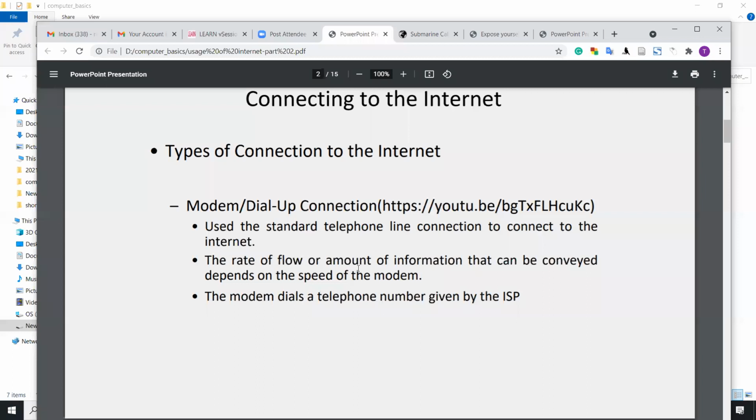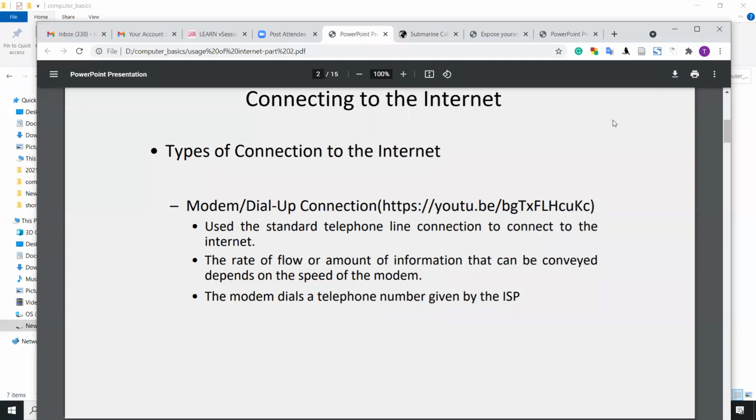The rate of flow, or amount of information that can be conveyed, depends on the speed of the modem. So it's usually a very slow internet connection, and nowadays we can't see it because we have ADSL and wireless technologies like 4G and 5G. That's why we can't see a dial-up connection nowadays.